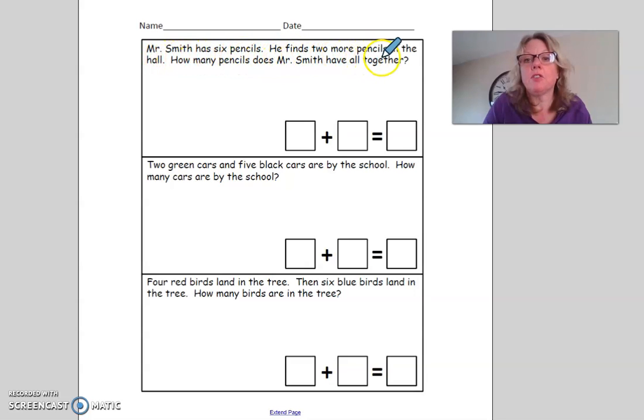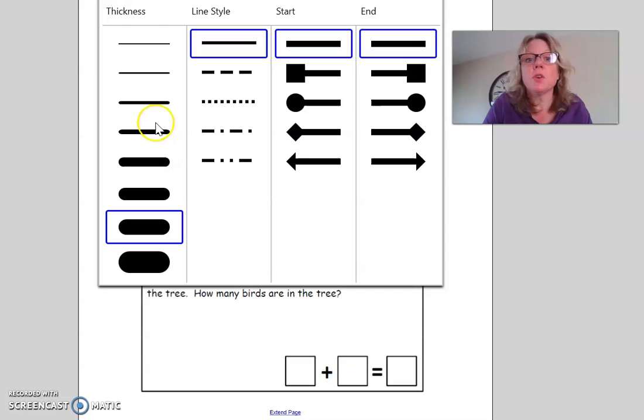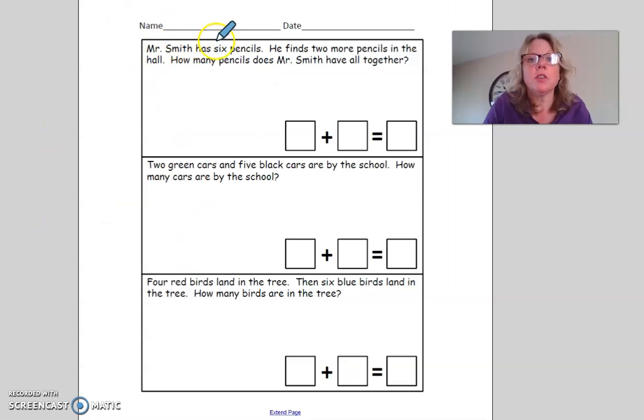Smith have altogether? So while I was reading carefully, I noticed that I heard the word 6 and I also heard the word 2. So I'm going to circle the word 6 and the word 2.